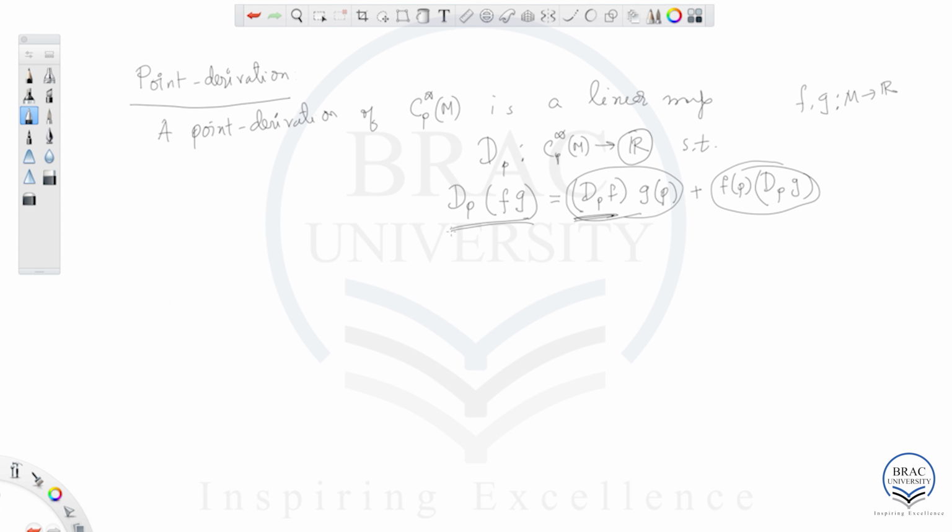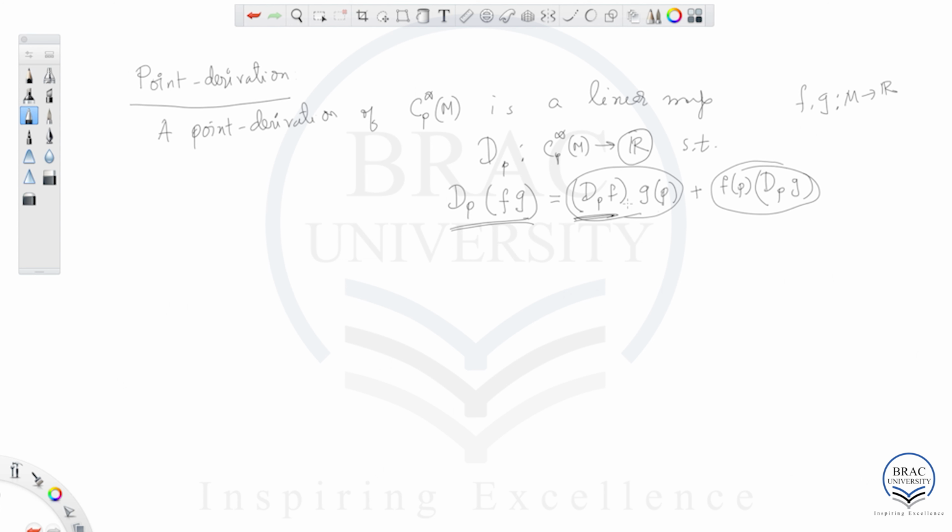So on the left side I have a real number, and on the right side I have a real number. I want these two real numbers to be the same. That's the property.